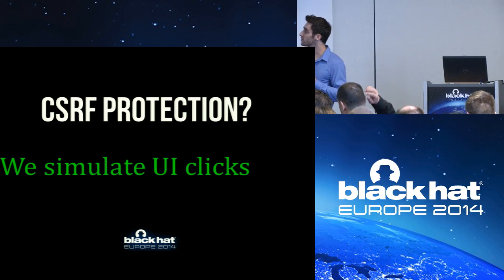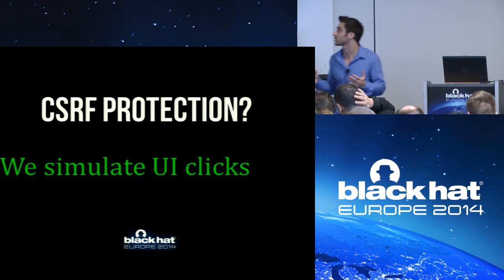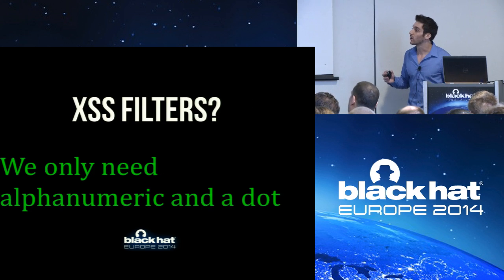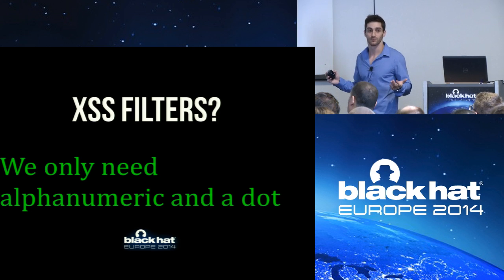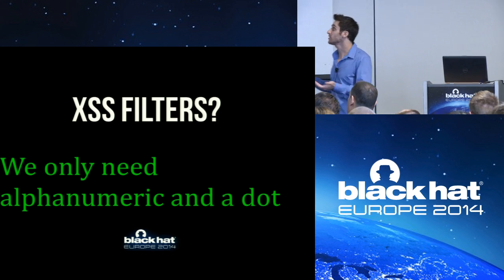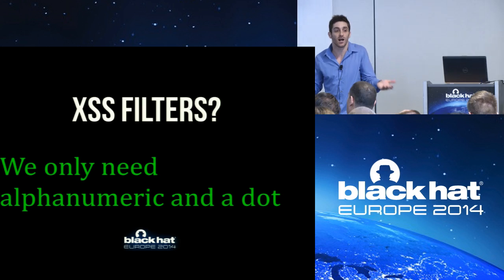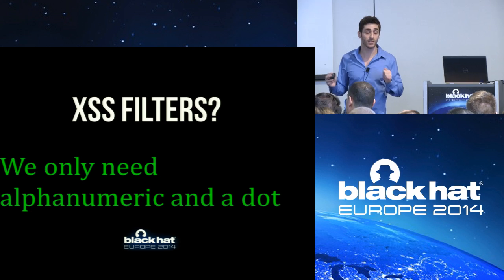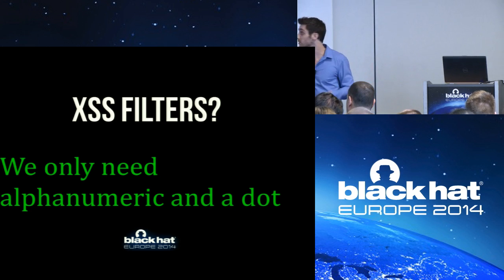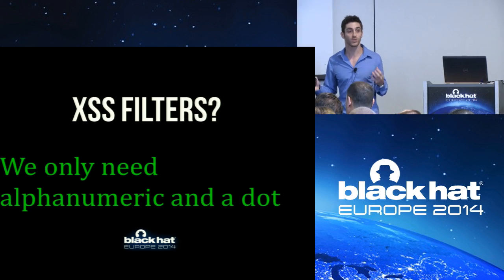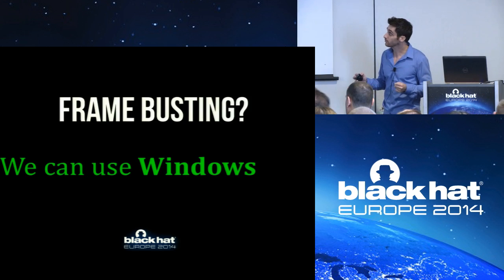So we will keep the tokens, and we don't need them, actually. So this is not blocking this attack. What about cross-site scripting filters? Well, cross-site scripting filters won't detect this attack because we only use alphanumeric characters. We don't care about the parameters. You just care about the function that we are going to execute, like clicks. So since we use only alphanumeric characters and a dot, cross-site scripting filters won't protect against this attack.